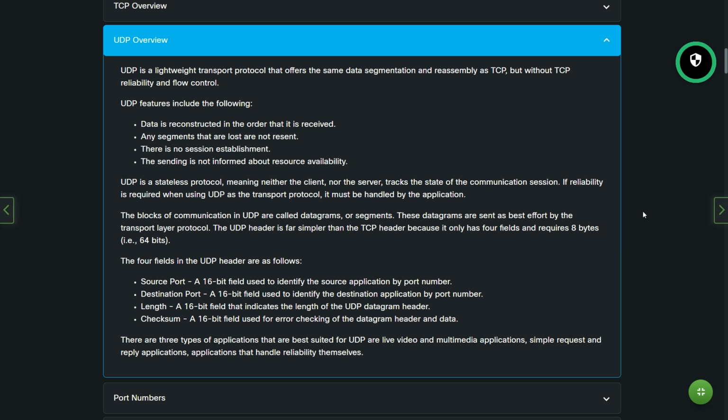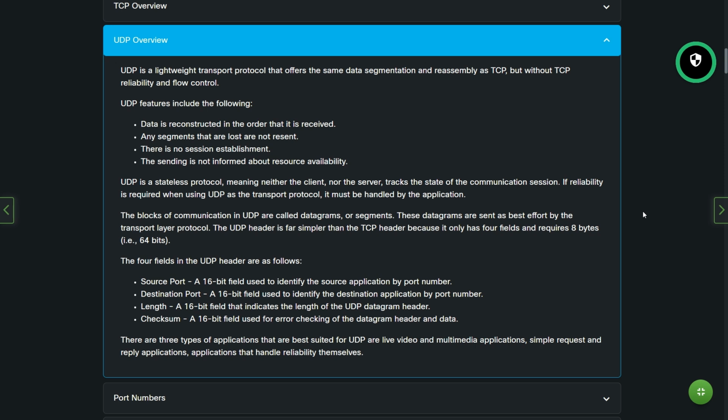There is no session establishment, and the sender is not informed about resource availability. UDP is a stateless protocol, meaning neither the client nor the server tracks the state of the communication session. If reliability is required when using UDP as a transport protocol, it must be handled by the application.